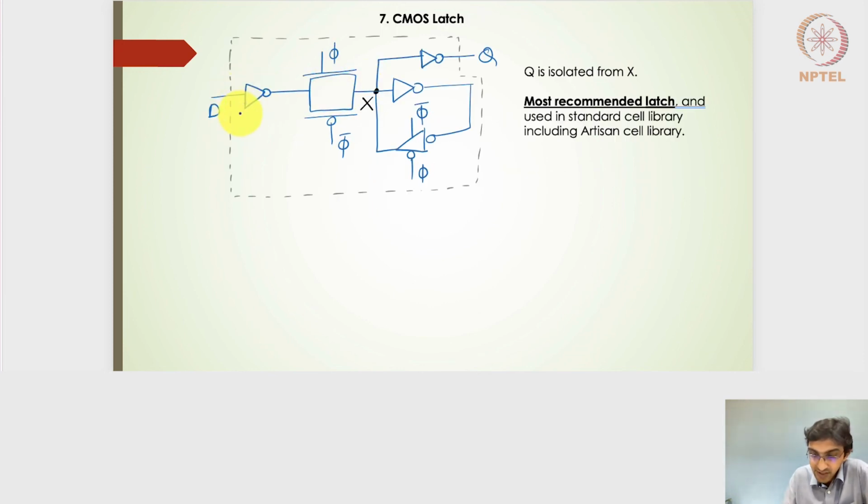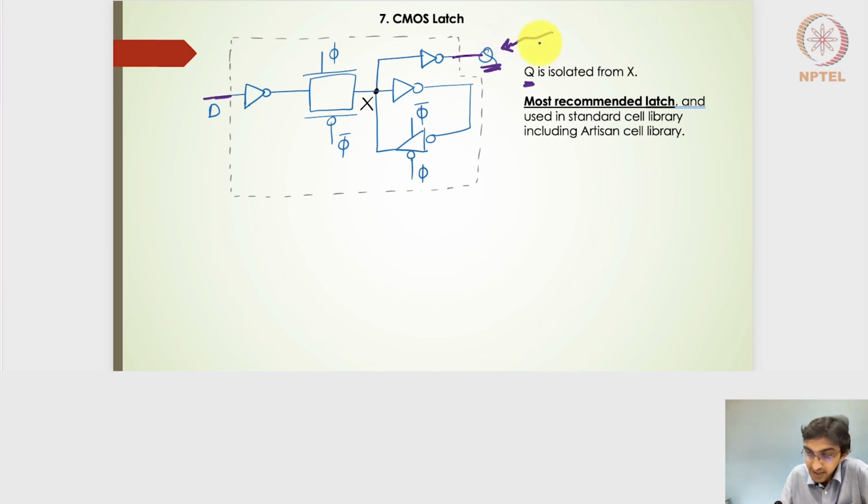There is an inverter here, there is an inverter here, there is a tri-state inverter in the feedback path, and then there is one more inverter here, which is the output node. Everything else, apart from the output and the input, is completely encapsulated or insulated. So Q is isolated from the X node.